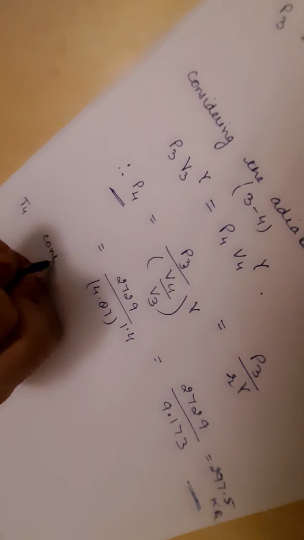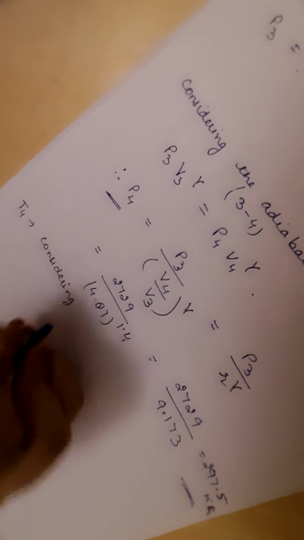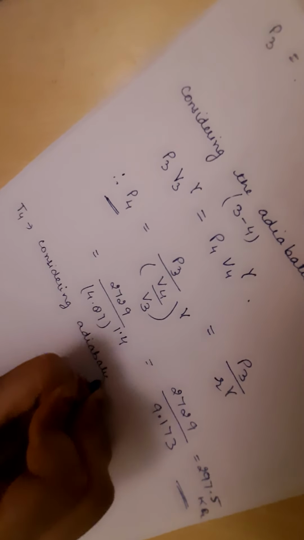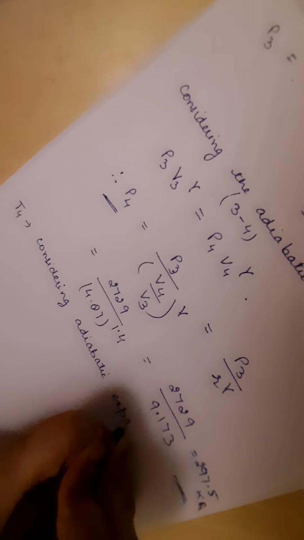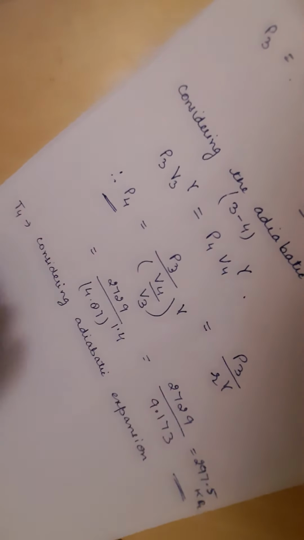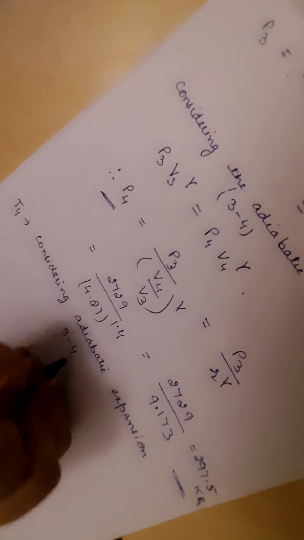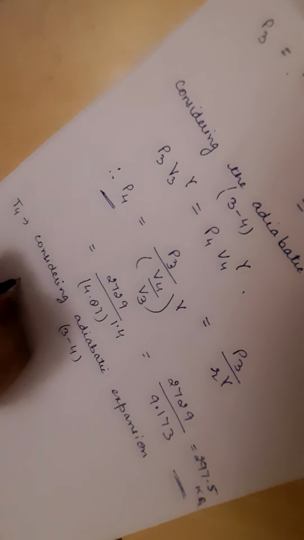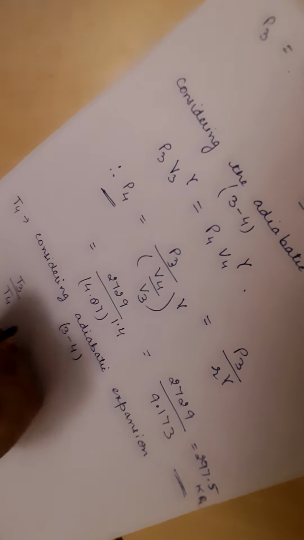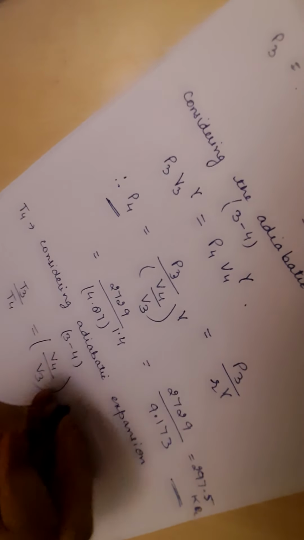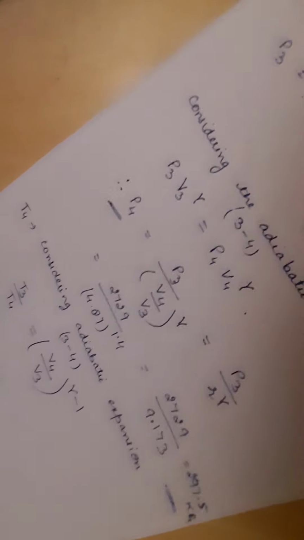How to calculate the T4? Considering the adiabatic expansion from the process 3 to 4, again T3 upon T4 is equal to V4 upon V3 raised to the power gamma minus 1.